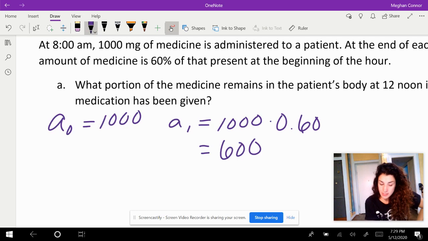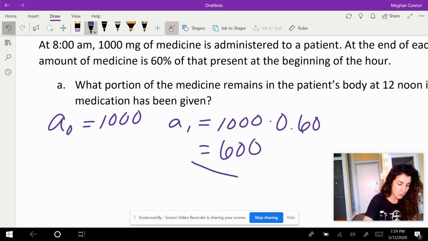Your textbook wants you to keep 1,000 as A sub 1 and then just count the hours passed as adding on an additional hour. I don't think that makes sense. So I would encourage you to do it this way. Think of your initial amount as not your A sub 1, but your A sub 0, and then always calculate your A sub 1 from that.